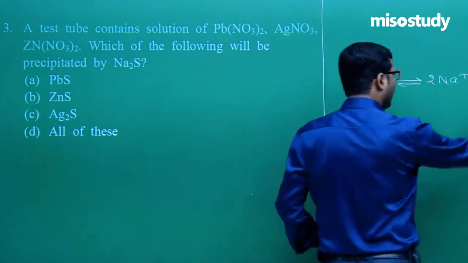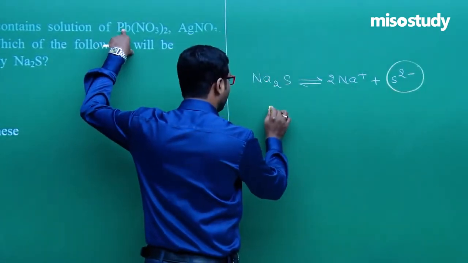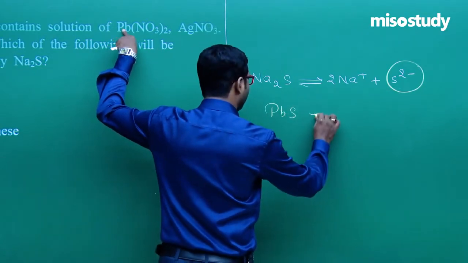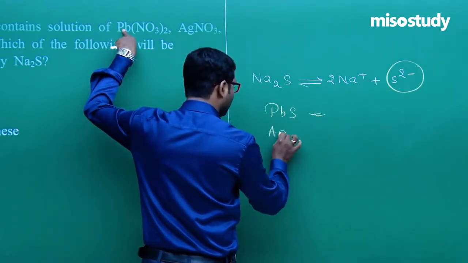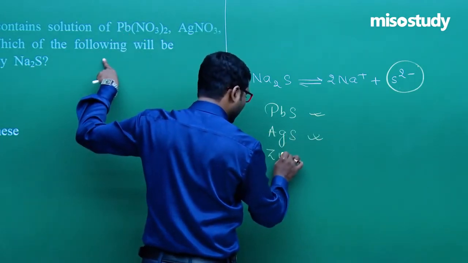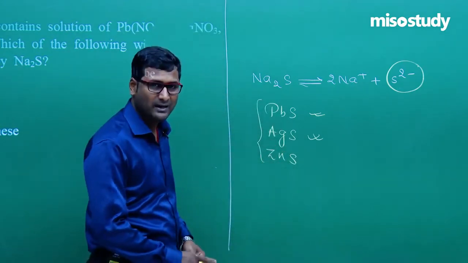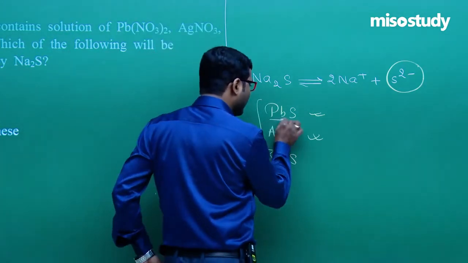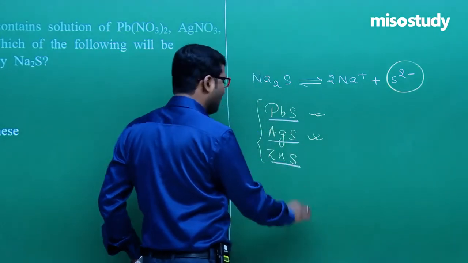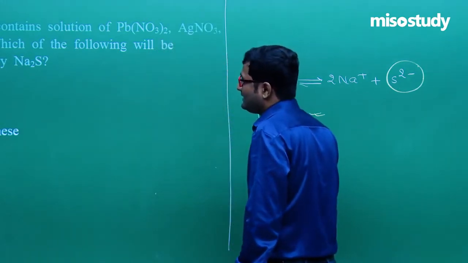Yes sir, S2 minus. And when it combines with Pb(NO3)2, it easily forms lead sulfide, PbS, and with silver and zinc, ZnS. Clear? In each and every case the reaction takes place.